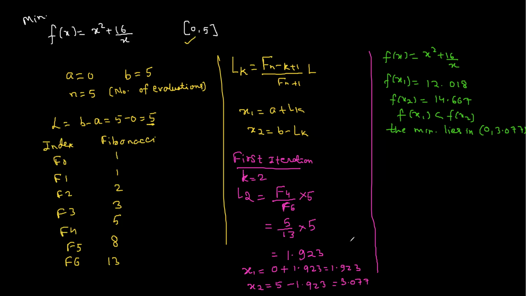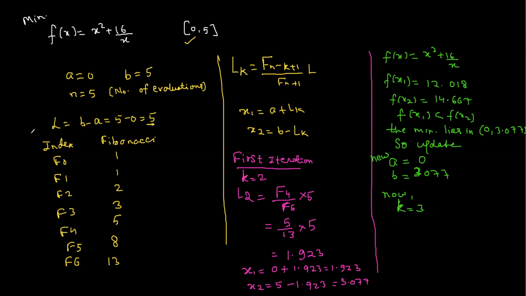Yes. So update the new A and B. New A is equal to 0 and new B is equal to 3.077. Now k is equal to 3.